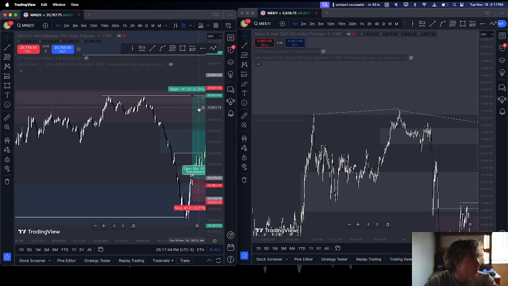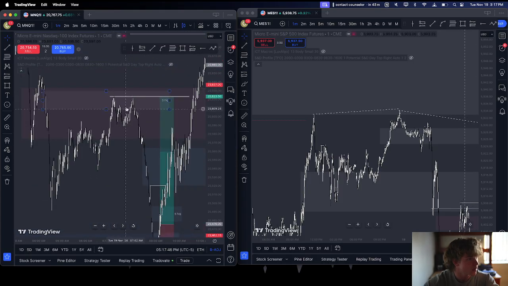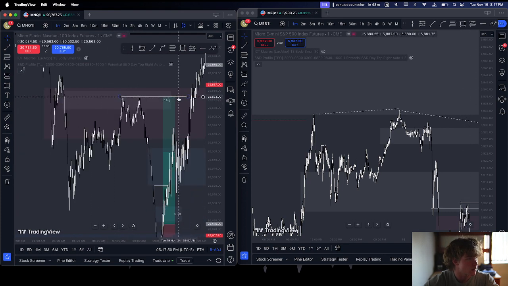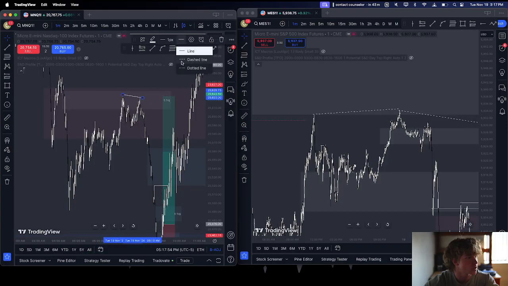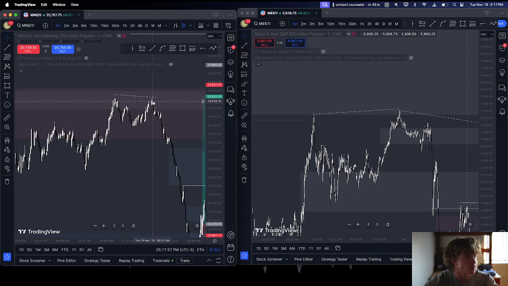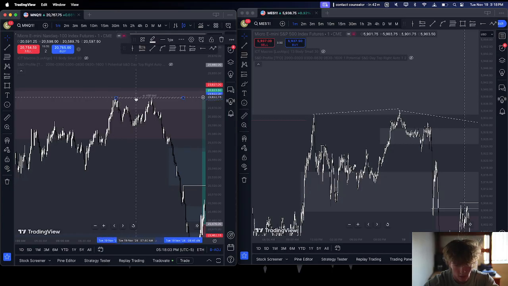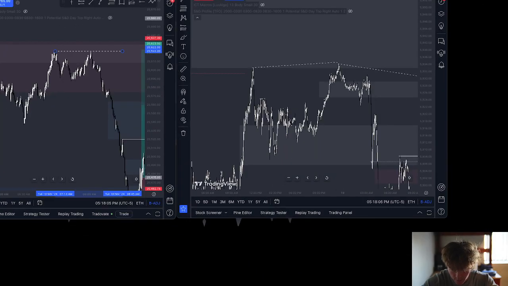If I woke up and I saw this, if market open was right here and there was an SMT right here, this would be an A+ trade in my opinion, and I would have immediately shorted right here. But I wasn't awake for this period, and there wasn't an SMT here anyways.